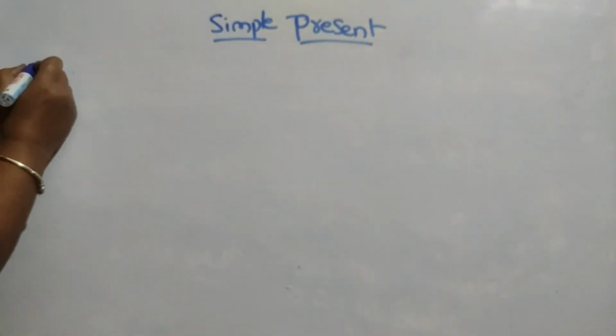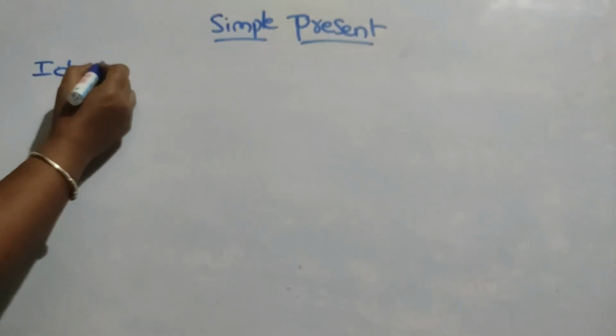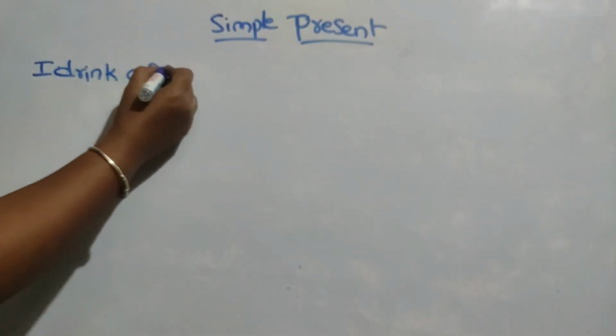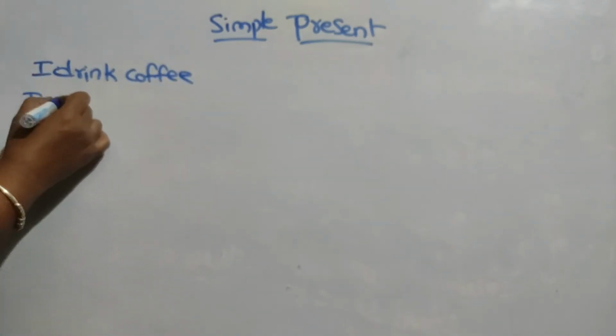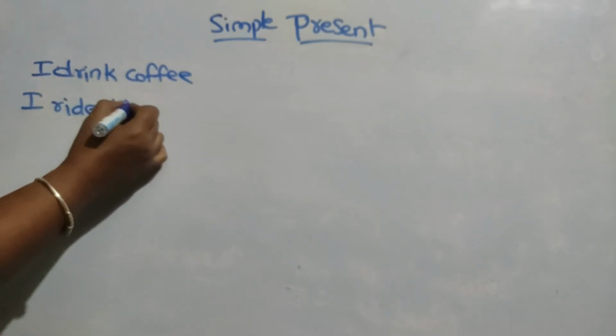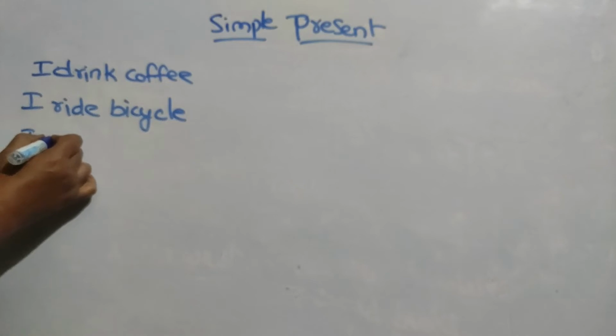Five examples on each person we do. First person: I drink coffee. I drink coffee. This is first person singular. I ride bicycle. I go to school.